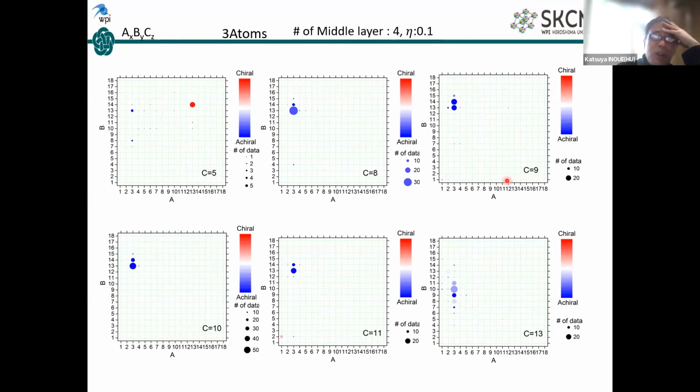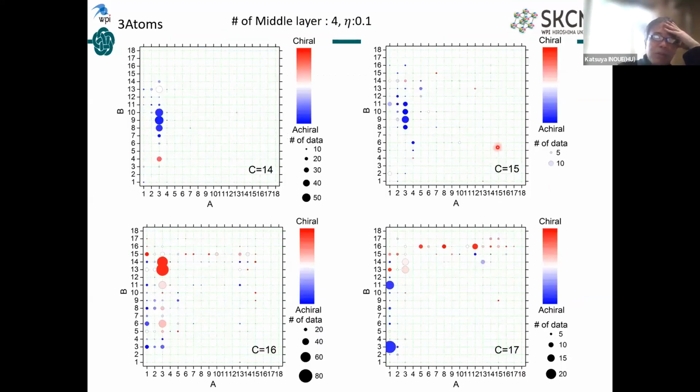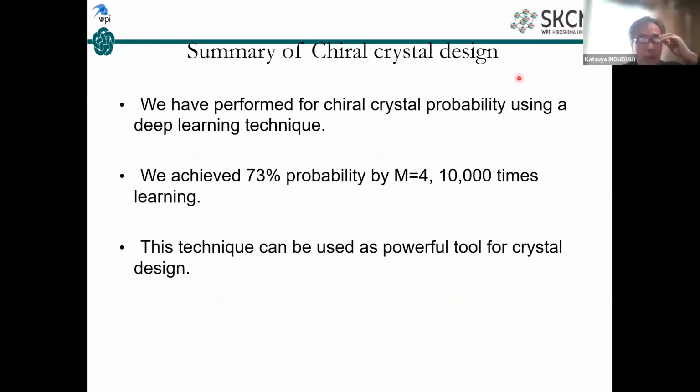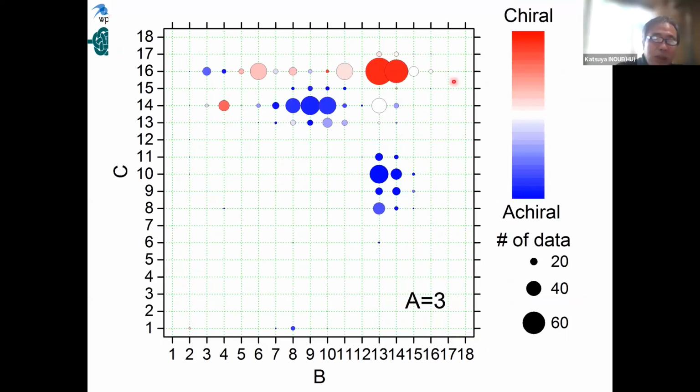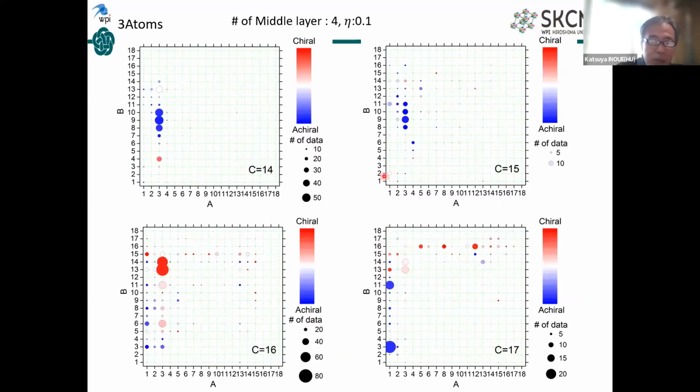This is a slice of the different groups of C. For instance, C with 5 groups is this one, 8 groups is this one, 9 like this. This one is group 14, group 15. Then, no, there is no data, but anyway, I'll tell you.